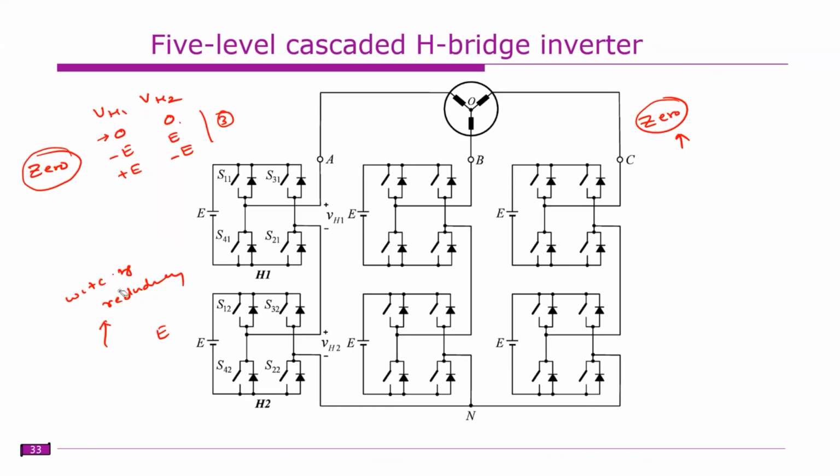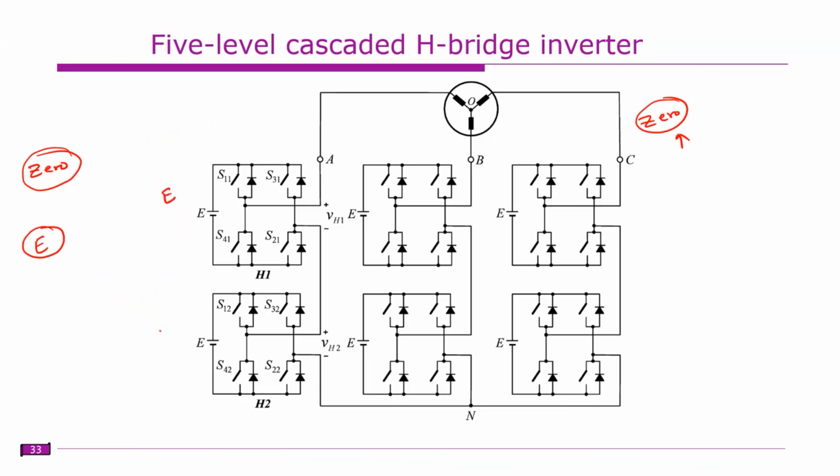It helps, for example, in a simple case, if you want E voltage, right? Here E voltage can be obtained either by using the top H bridge or the bottom H bridge. So this is 0.